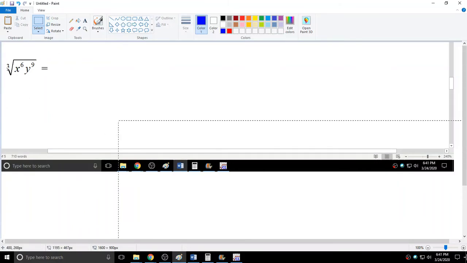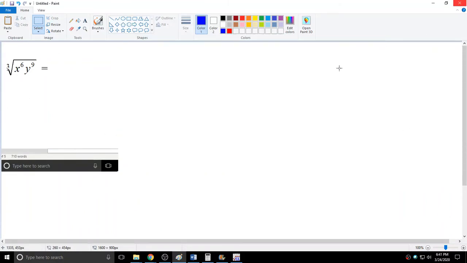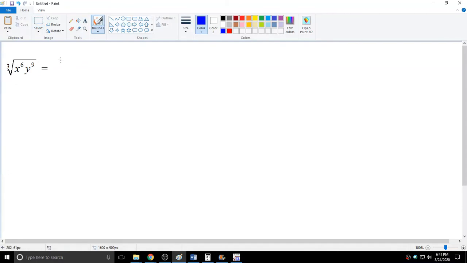I can use my rule that says that the nth root of AB is the nth root of A times the nth root of B. So I'm going to do that right now. So I end up with the cubic root of x to the 6th multiplied by the cubic root of y to the 9th in each of these radicals.